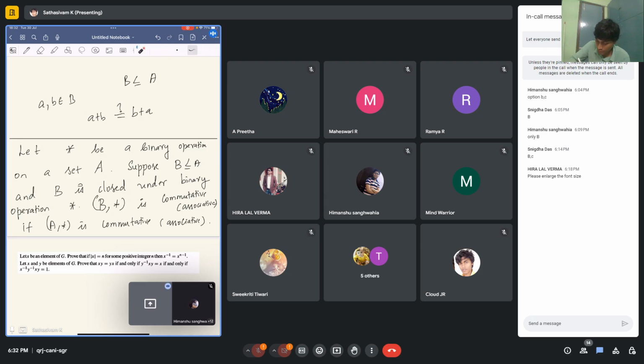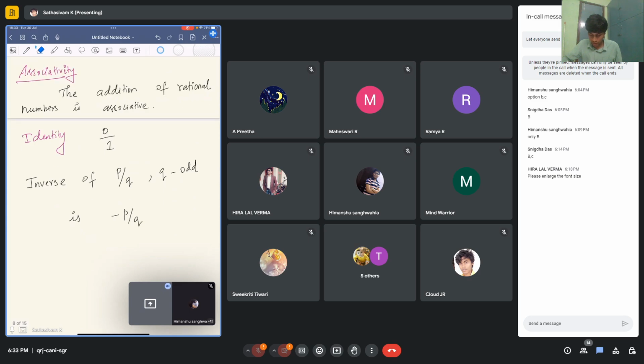At the end of the day, it doesn't matter, because this a plus b is here but it is also in A. The operation in B comes from the operation in A. So these elements are equal in A, and hence they also have to be equal in B. The same thing one can say for associativity also. So this is a general fact.